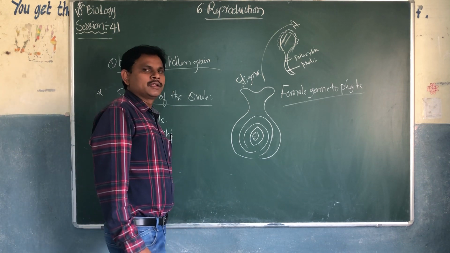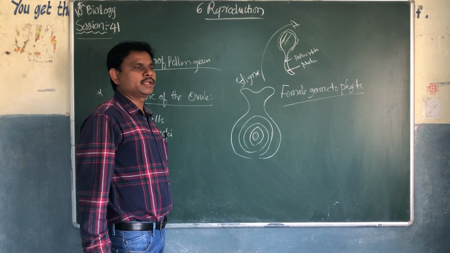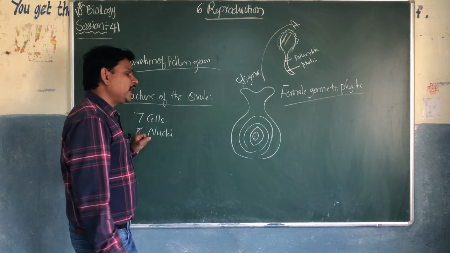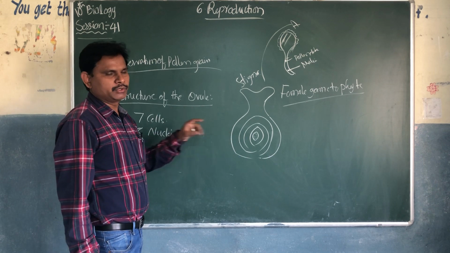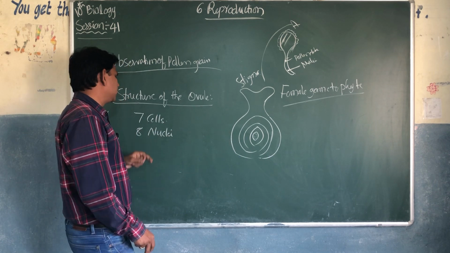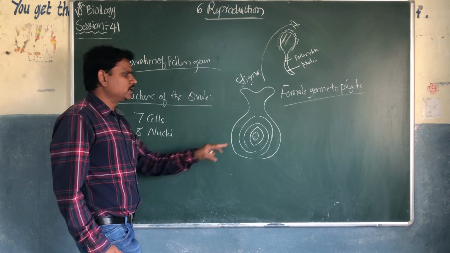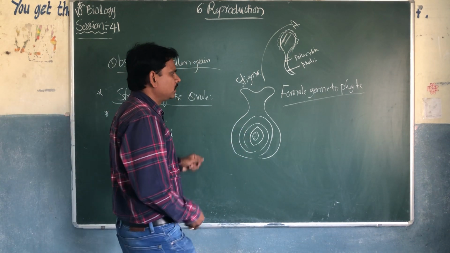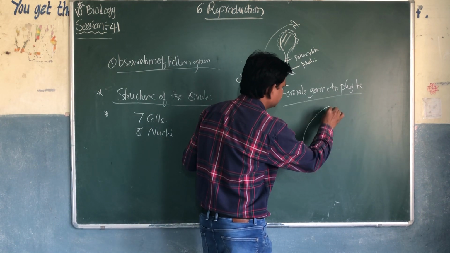The pollen tube has 2 nuclei, the first nucleus and the second nucleus. Three rounds of mitotic cell division take place in the embryo sac, so they form 7 cells and 8 nuclei in this embryo sac. Look at the exact structure of these female gametophyte cells.